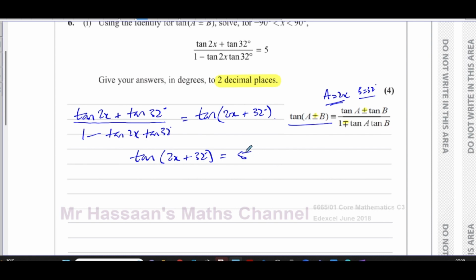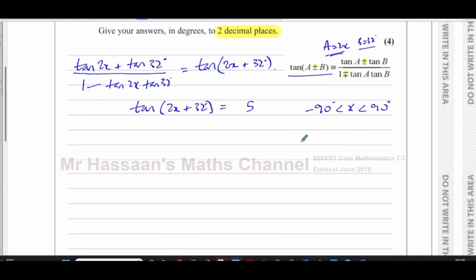So we simply have to solve this equation. Once we've got it in this form, it becomes a simple P2 type of trig question: solve tan(2x + 32) equals 5, for x values between -90 and 90. Remember, if we have a compound and multiple angle, which this is, a mixture of both, we have to change the limits so that we don't lose any solutions.